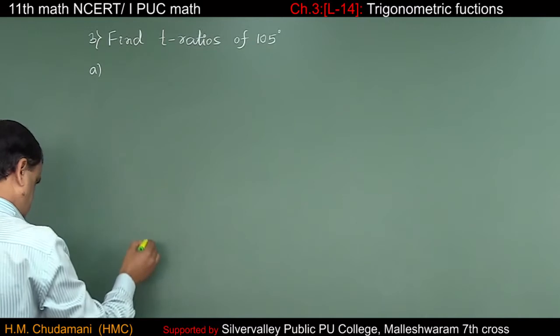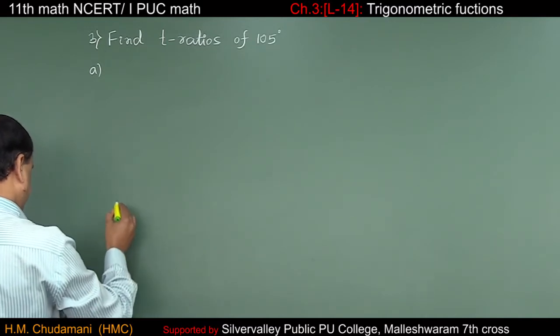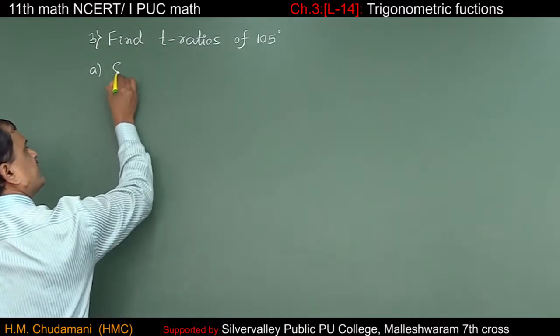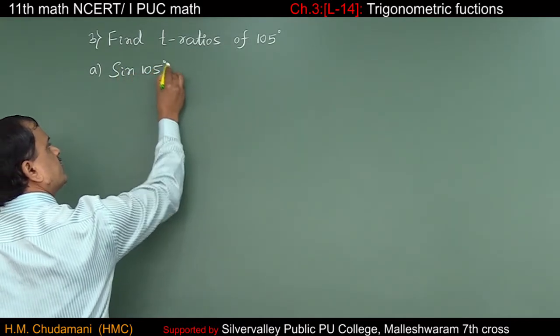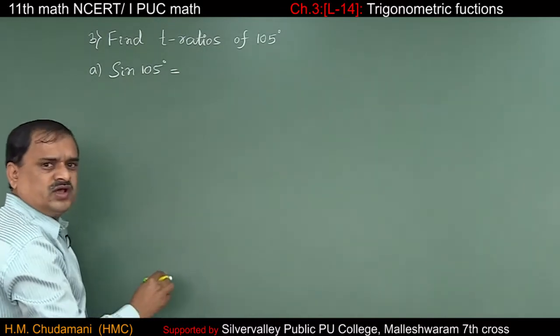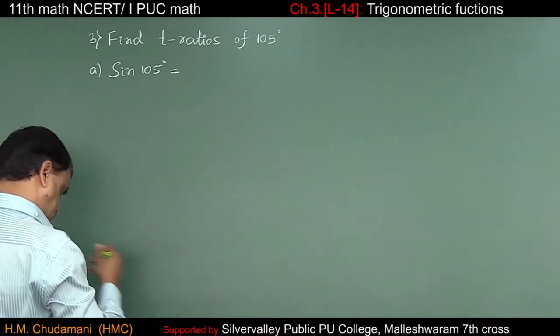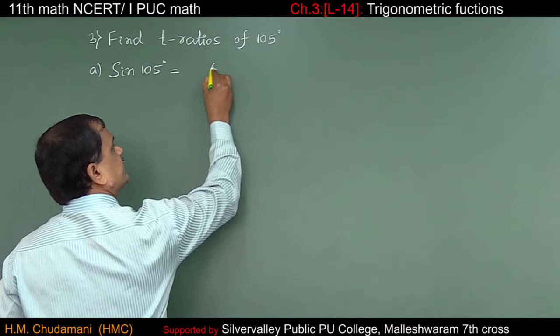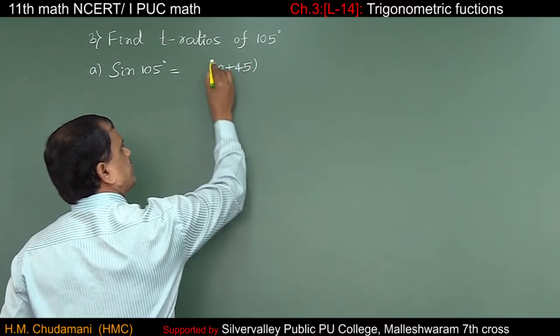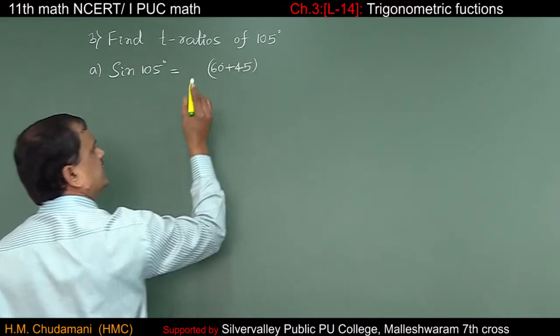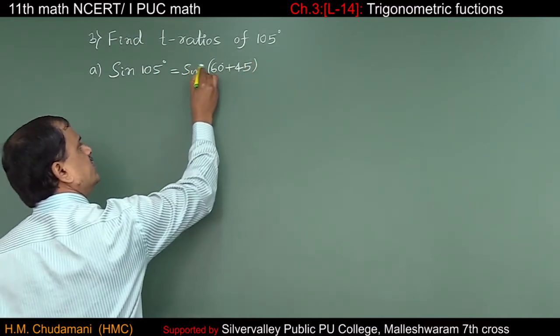Under that, number A, sin 105 degrees. See, 105 can be written as 60 plus 45. 60 degrees plus 45 degrees is 105 degrees only.